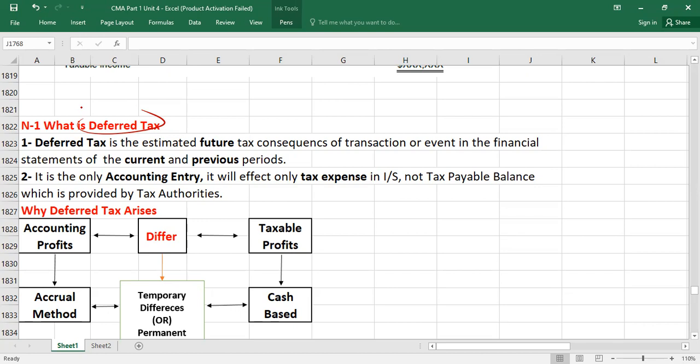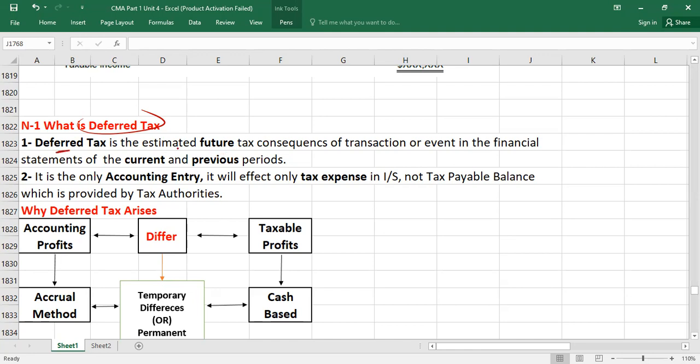So that is why it is called deferred tax. These transactions are recorded today, but either you would pay tax or receive tax in the future. That's why it's called deferred. You are delaying something, right? This is the definition.